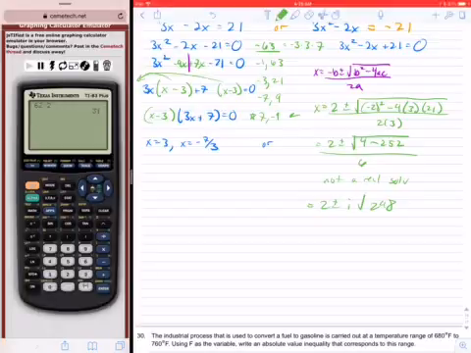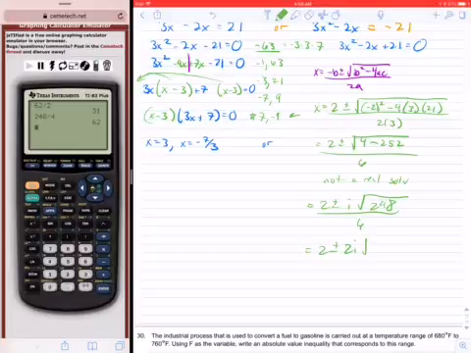I think that's a prime. So, 2 plus or minus 2i times the square root of 62, over, I think that's a 6.